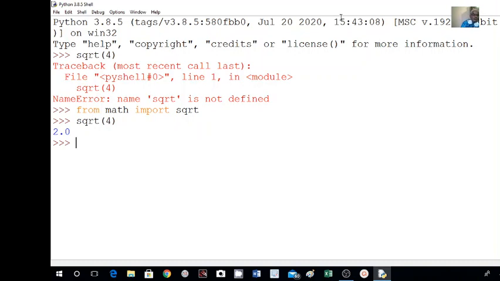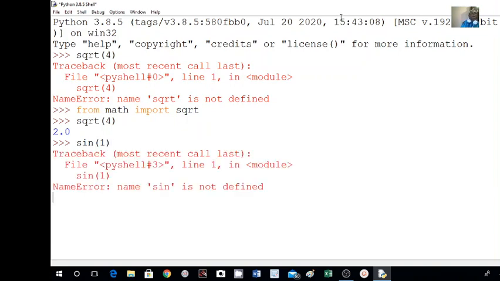Now what happens to this one? Sine of 1, enter. I am getting an error. Here I have not imported sine. So if we are using square root, then we have to import square root.